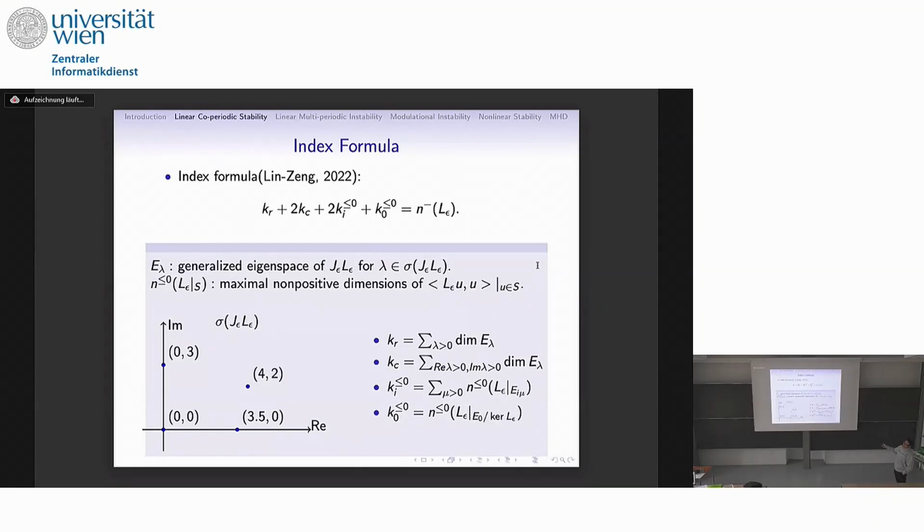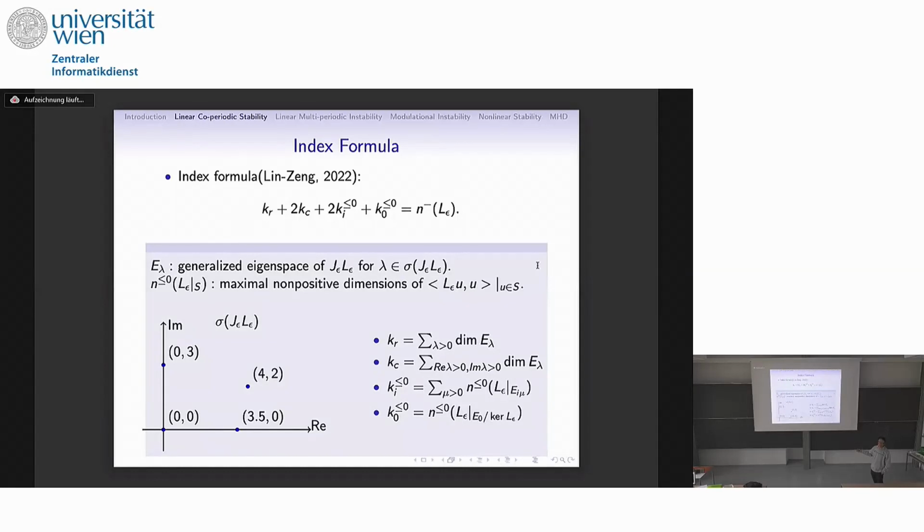It's not 0. For the 2 pi case, I think this is equal to 2. So the right-hand side is definitely not 0, but it does not help you here, because you want to conclude that either Kr or Kc is not equal to 0.